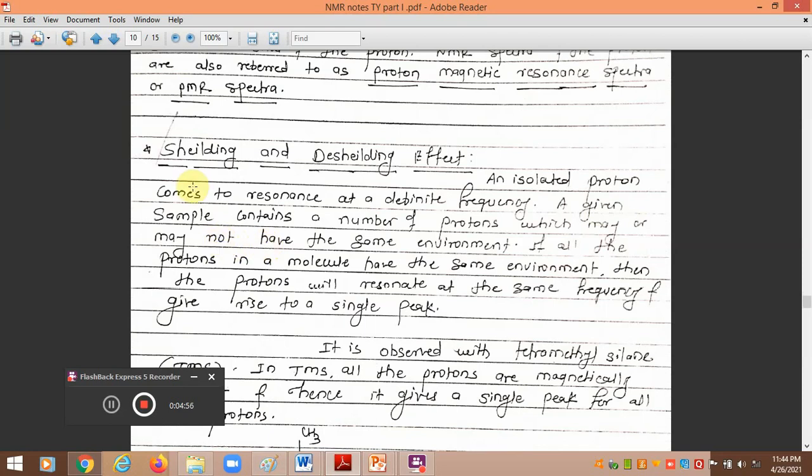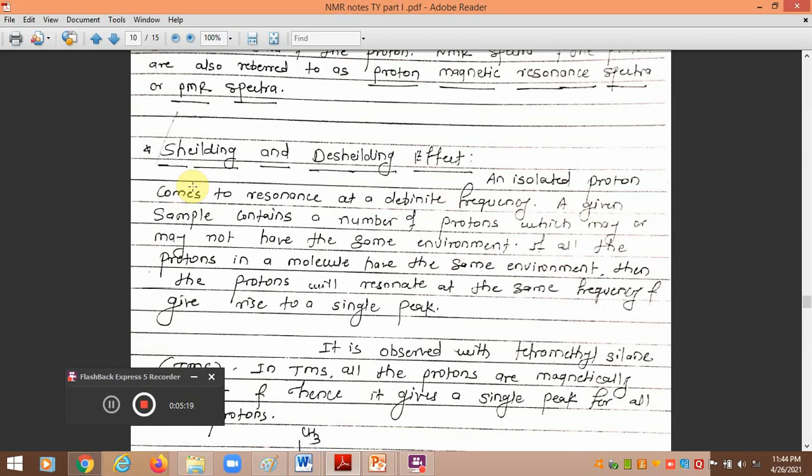Actually, an isolated proton comes to resonance at a definite, fixed frequency, and the given sample may contain a number of protons which may or may not have the same environment, depending upon the structure of that particular molecule.